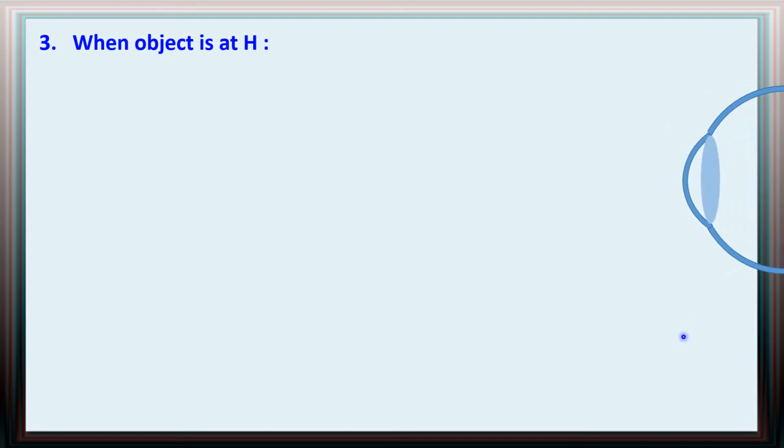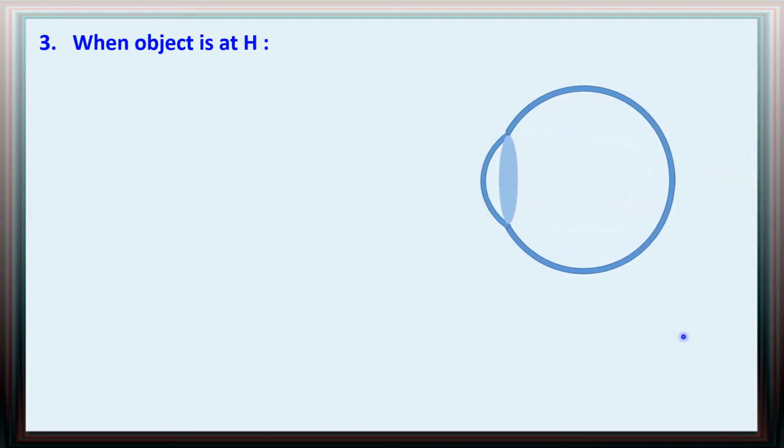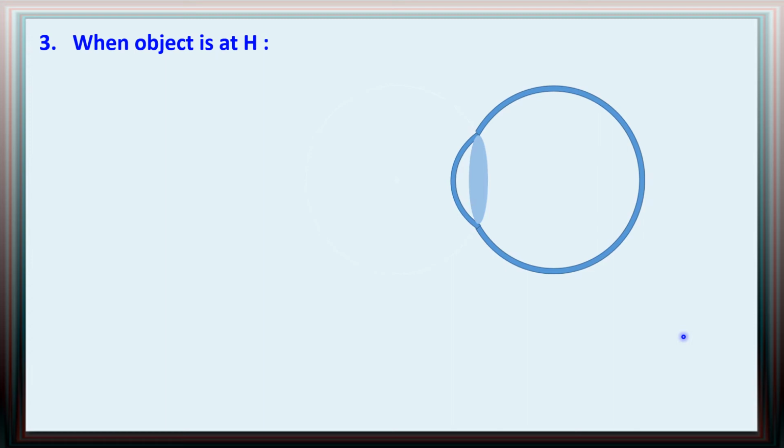Now I will place the object at H, that is, H means what? Near point. You can guess easily whether he can see the object placed at H or not. I already told you that from the near point H to infinity he can see things clearly.